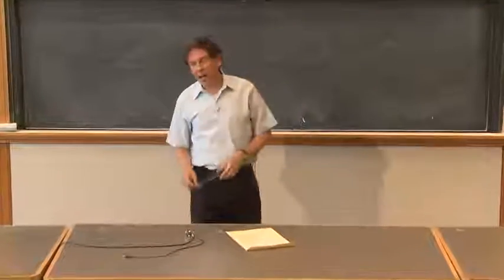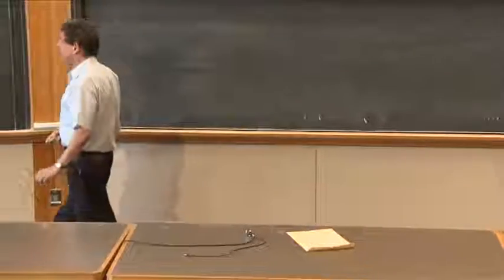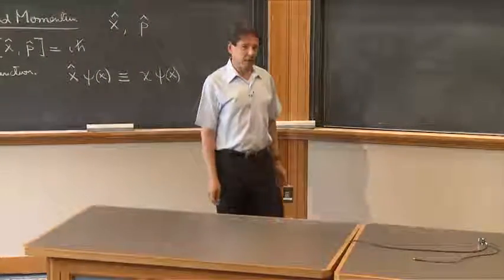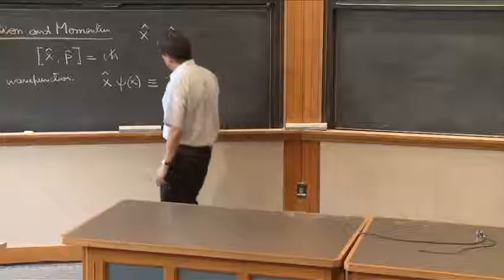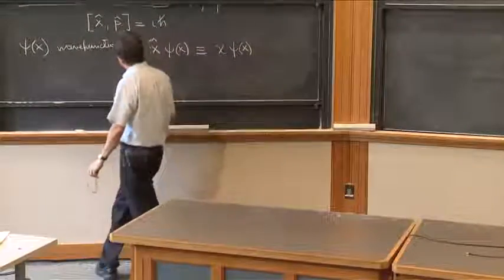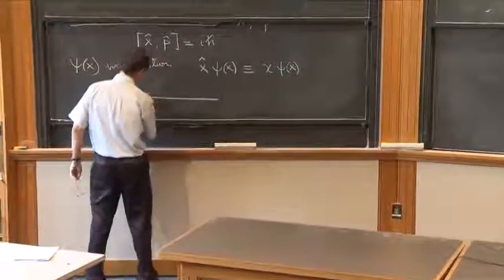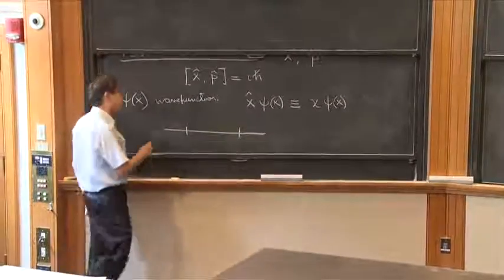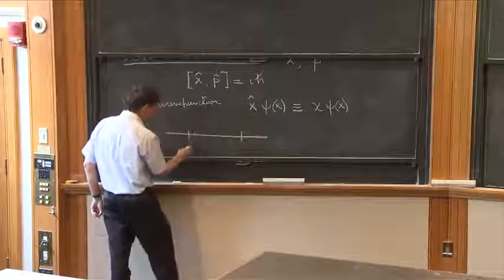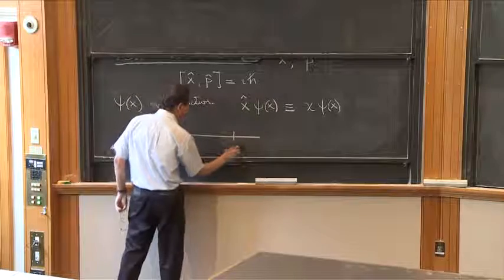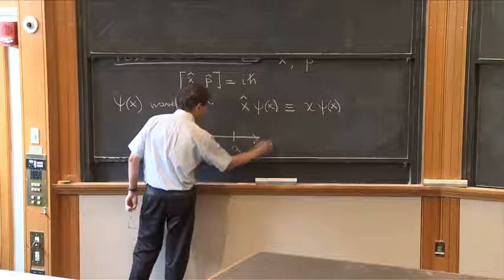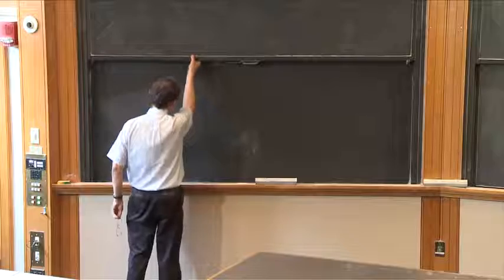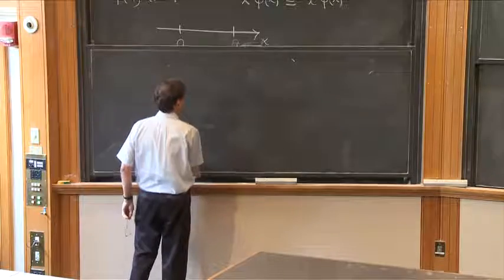So how do we think of a wave function as a vector, and how do we think of x as a matrix? There is a way to do that. It will not be totally precise, but it's clear enough. So suppose you have a wave function, and we're interested in its values from 0 up to a. This wave function is a function of x between 0 and a.